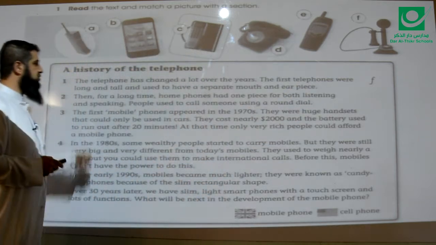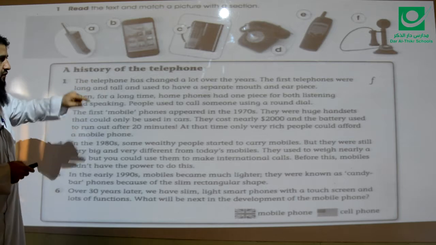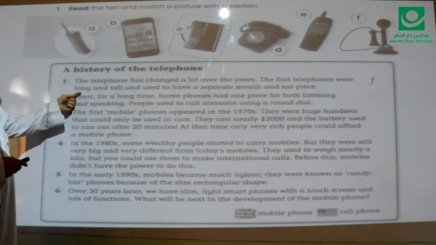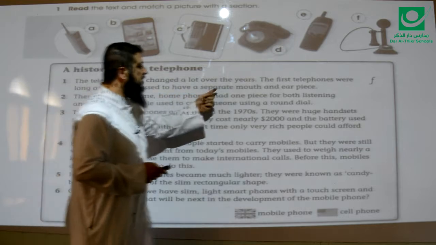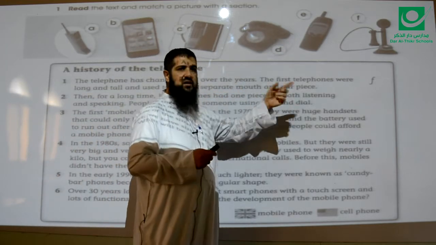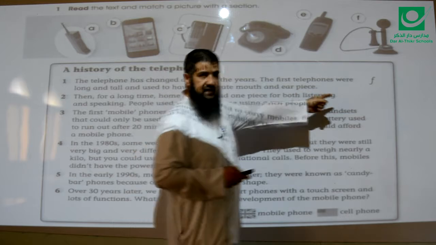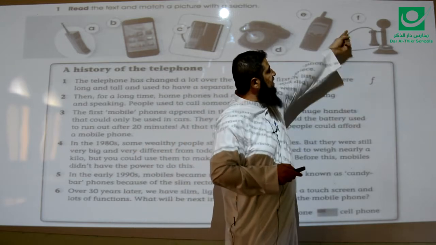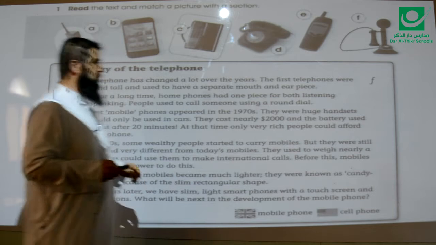Which one is this? Let me repeat only the keywords: they were long and tall and used to have separate mouth and ear place. Actually, as this one is done, it is F. This is the correct picture for this description.